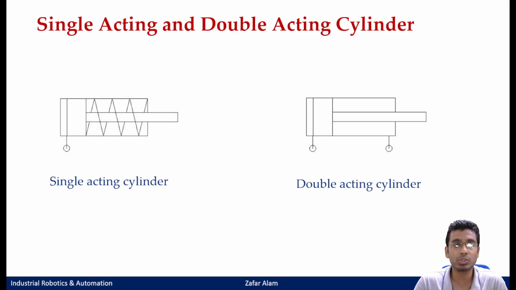We will be using these two very often in your hydraulic circuit as well as in your pneumatic circuit, because symbolically there is no difference between the two. Whereas there is a vast difference in the construction of a hydraulic cylinder and a pneumatic cylinder.